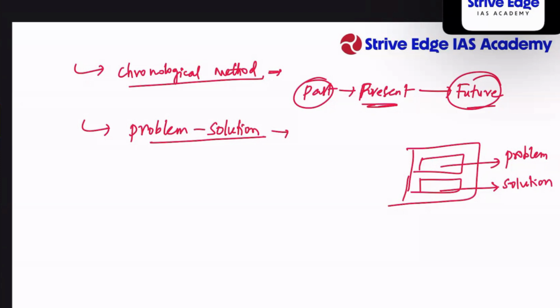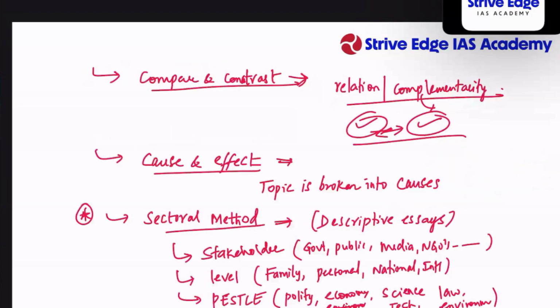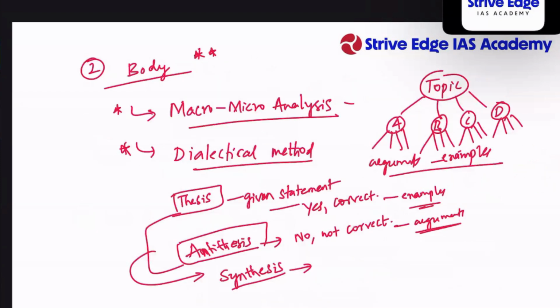These are the different ways of writing the body, which is a very important part, as we have discussed. How many have we seen? Macro and micro analysis: you divide the topic into some macro parts, and then you have your micro arguments and examples.